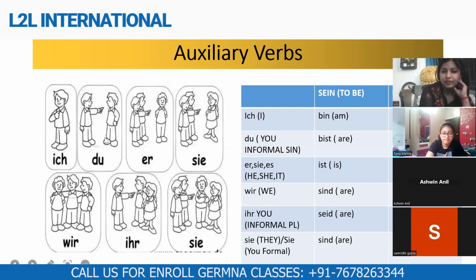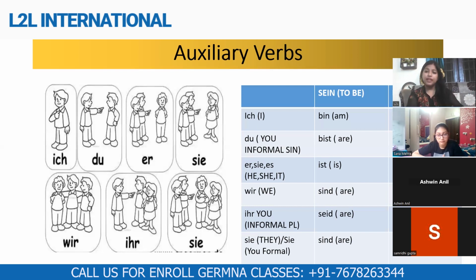Ich is I, confirmed. Du is singular, informal, you. That means one person, singular. For example, if I and Sana, we are two, then I am ich, Sana is du. Sana is singular, one person. Er. Now, if I, Sana, and Ashwin are there, so I am ich, Sana is you, but Ashwin is what?